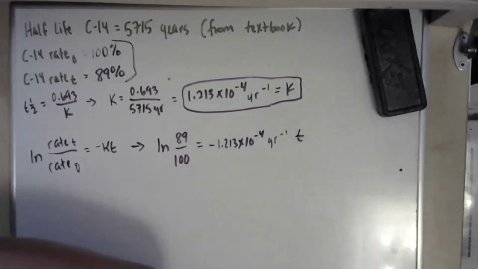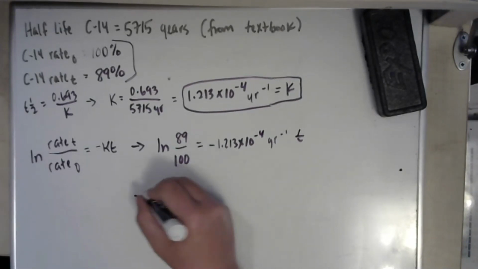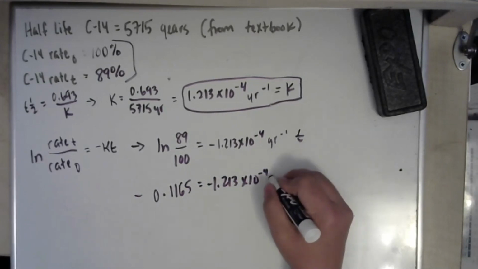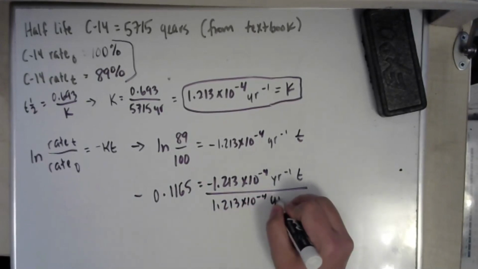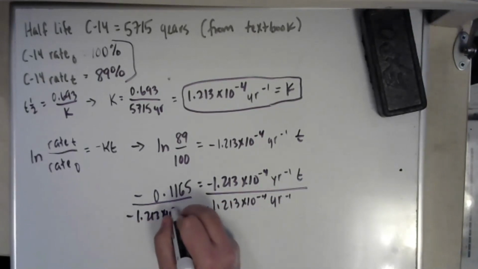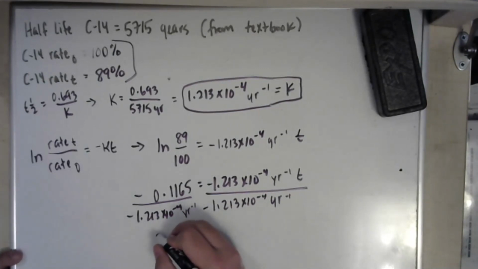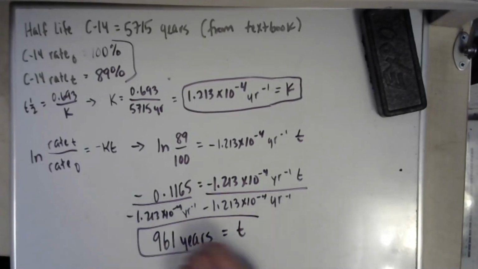All right. 89 divided by 100, ln. And we get 961 years is the age of the scroll.